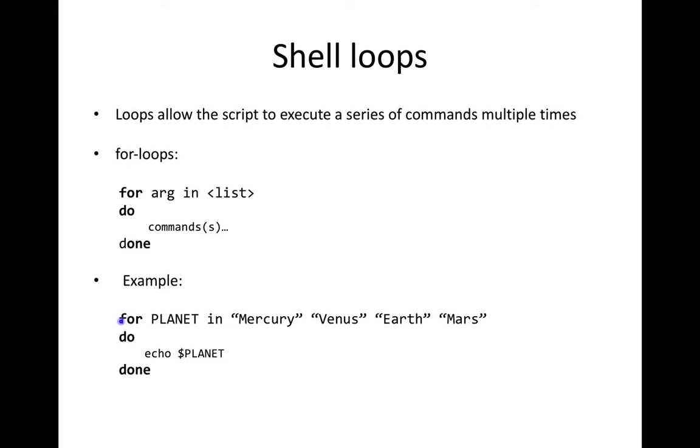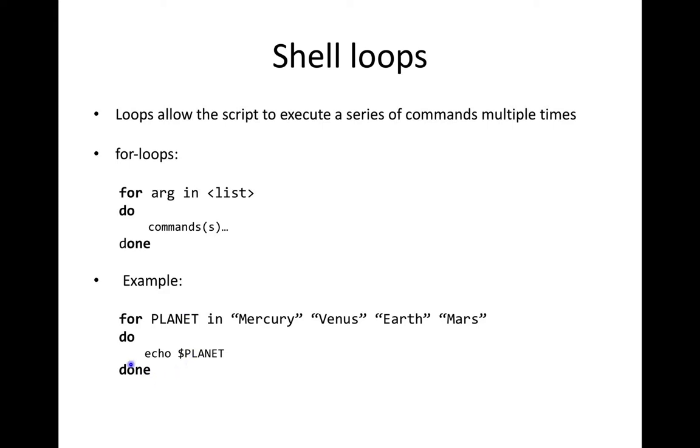Here's an example. We're going to say for planet, in this case, planet is a variable name, for planet in a list of planets, and our list includes Mercury, Venus, Earth, and Mars, we want to execute this block of statements. In this case, there's only one statement, and the interpreter is going to print out the value of the variable planet.